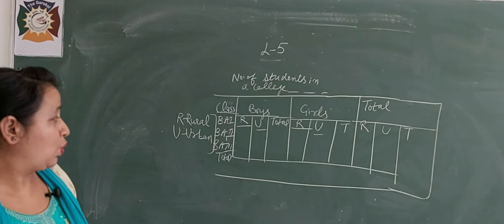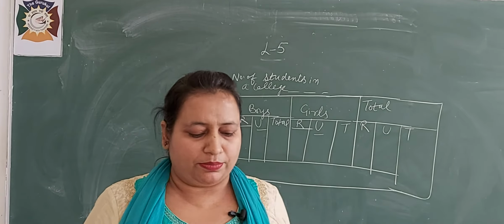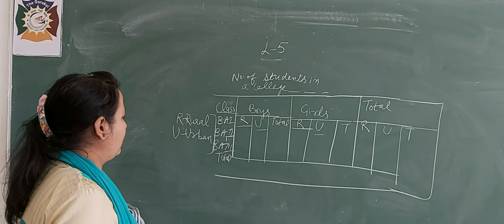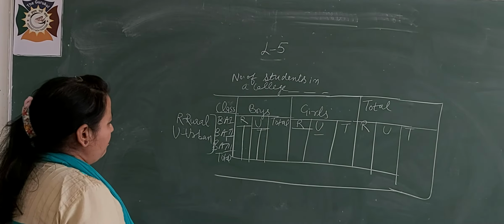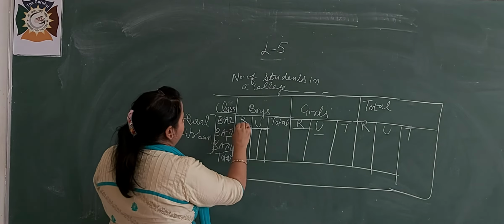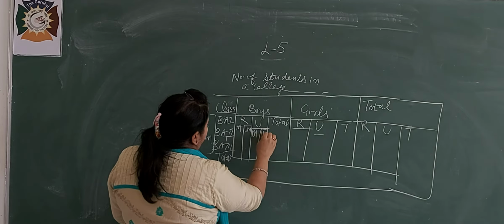Now you will make one more part from this. Boys divided into rural and urban. You will further divide one more. How will you divide? You will further divide in more, and under rural, urban you will write married or unmarried.